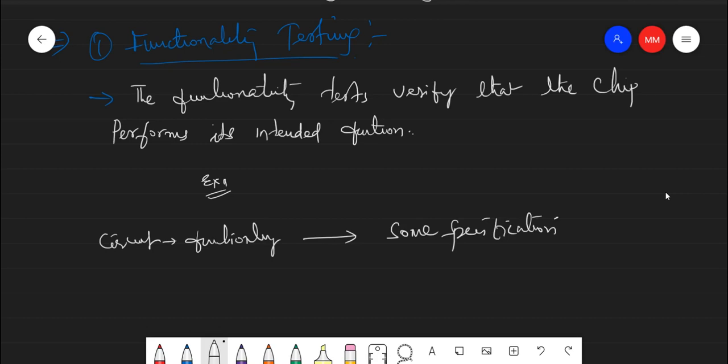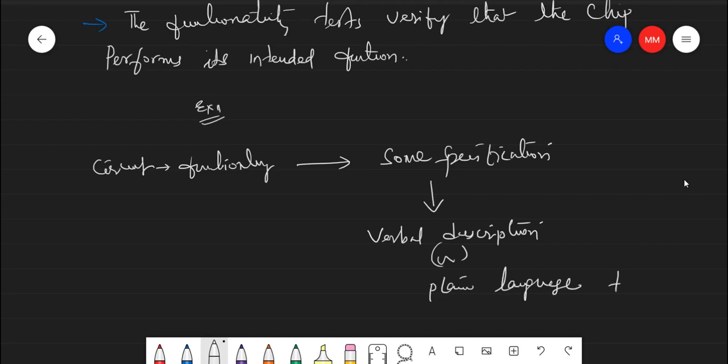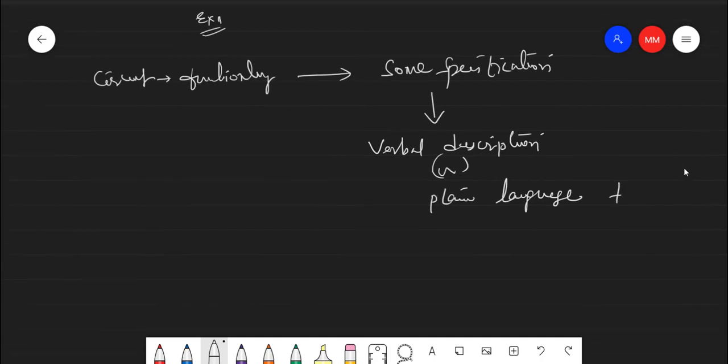The specification might be a verbal description, plain language, or a description in VHDL or Verilog HDL, which are done in software basically. So this is nothing but functional verification.